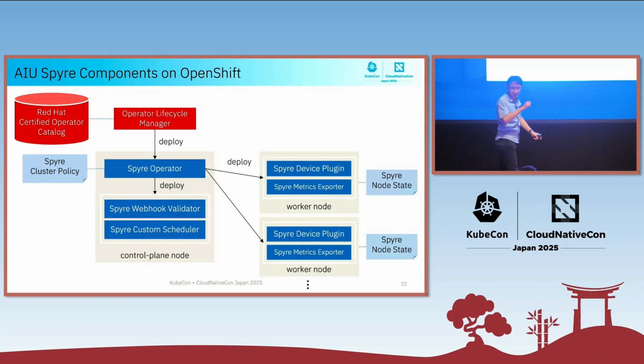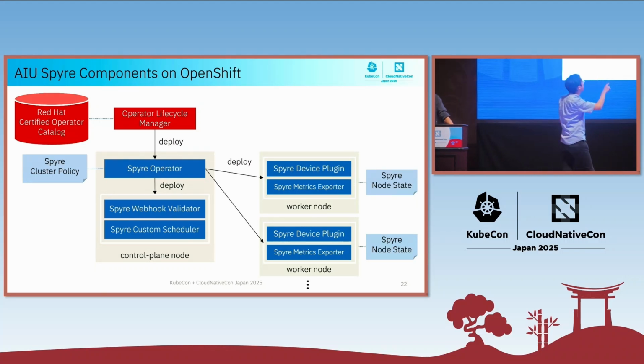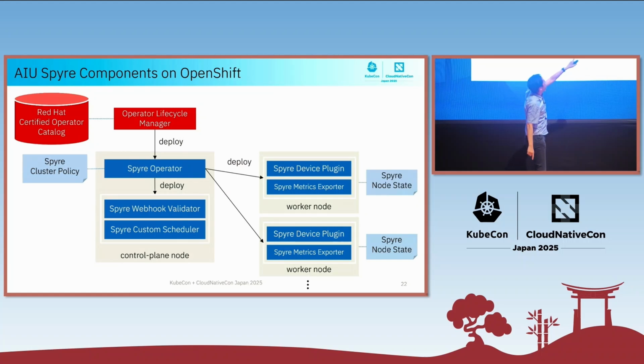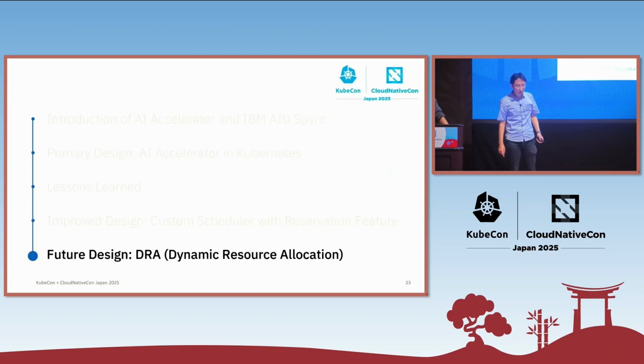So the cluster admin can set up the operator and device plugin by just clicking the install button. And the operator deploys the validator and custom scheduler. Okay, that's the current implementation.